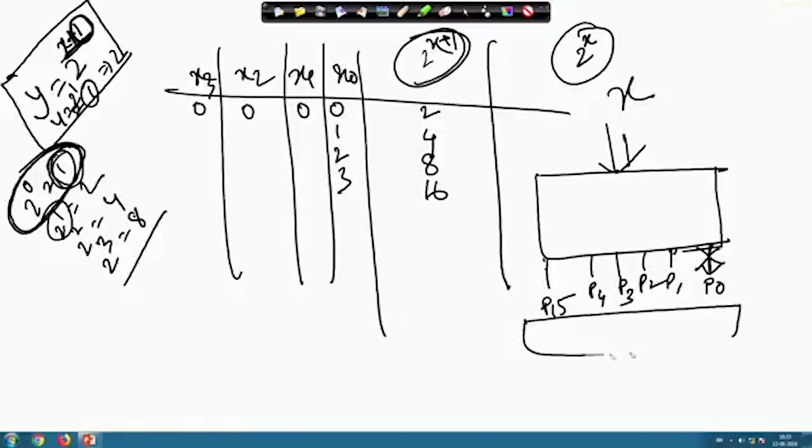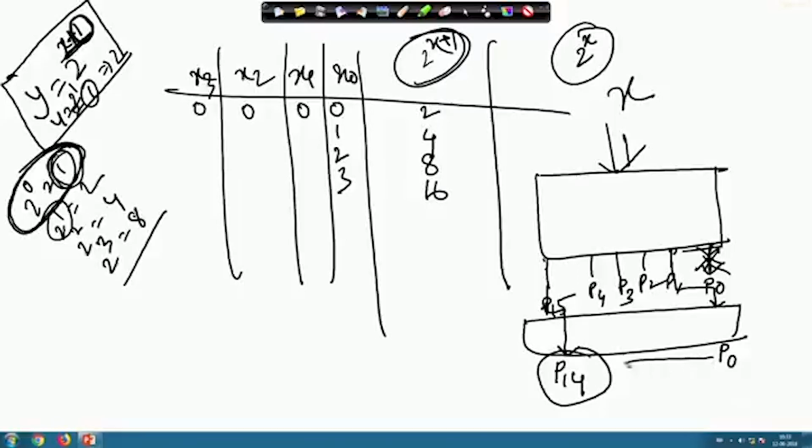In this case P0 will not be connected. P1 will be connected to P0 of this particular block, and P15 will be P14.